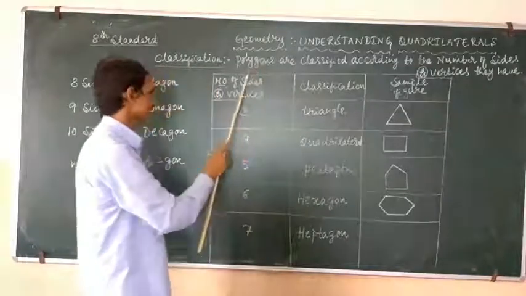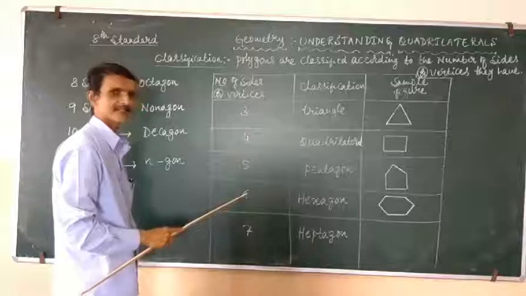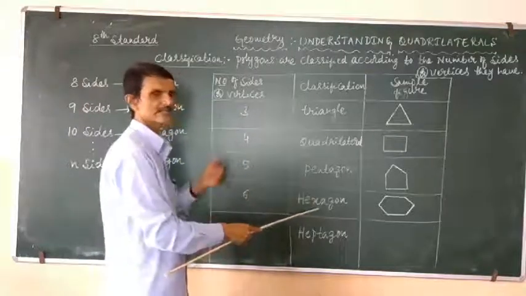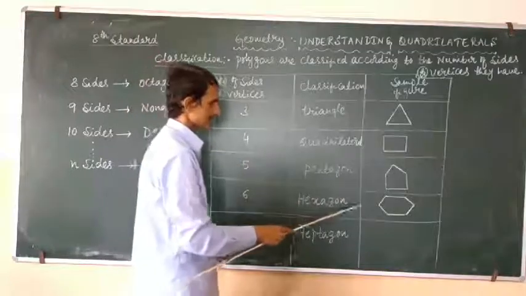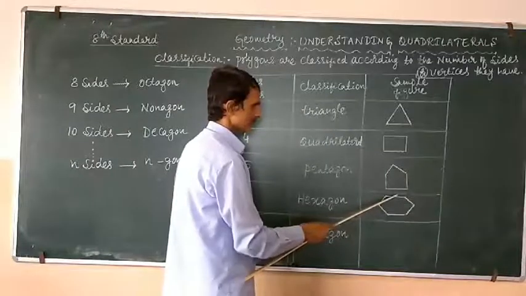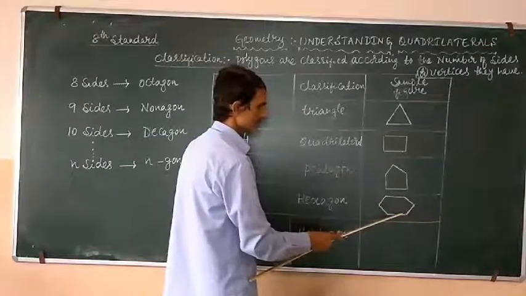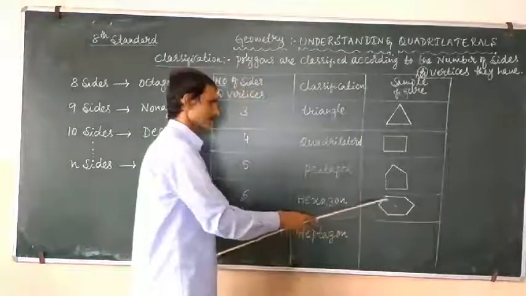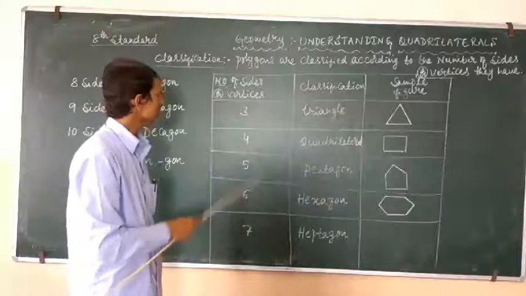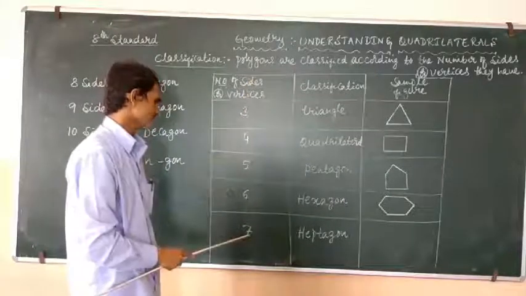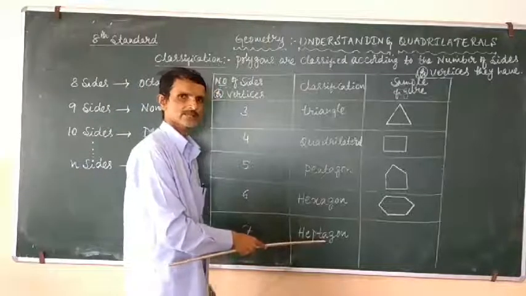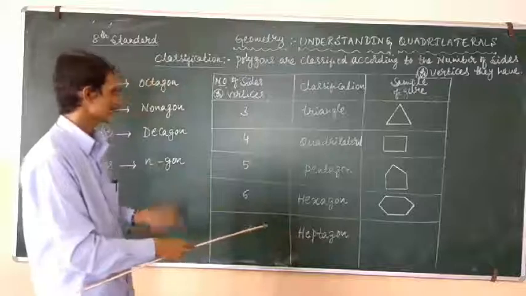If the polygon has 6 sides or 6 vertices, it is called a hexagon. If you observe this figure, the sides are 1, 2, 3, 4, 5, 6. Therefore it is called a hexagon. Similarly, if the polygon contains 7 sides, it is called a heptagon.